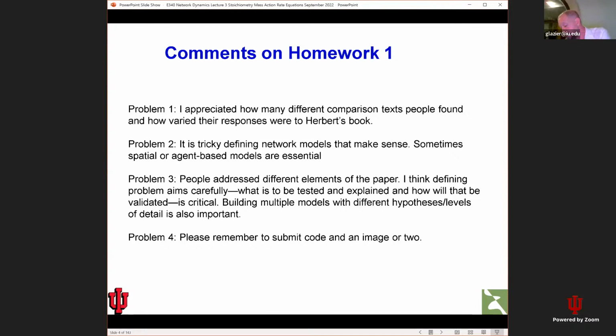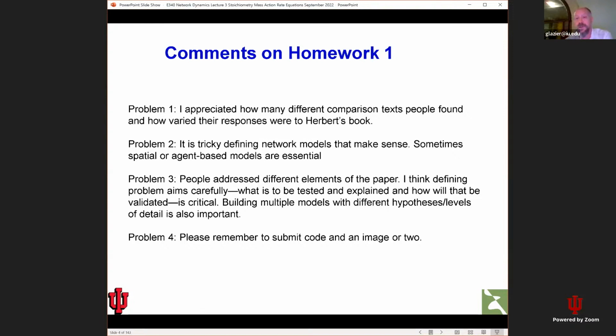And I thought people were quite creative in some of the comparison texts that people found to compare to Herbert's textbook, and in terms of some of the issues they brought up in terms of what they perceived as being successful or limitations in Herbert's textbook. And I found that quite useful. Some people found some textbooks that I didn't know, which was also very helpful.